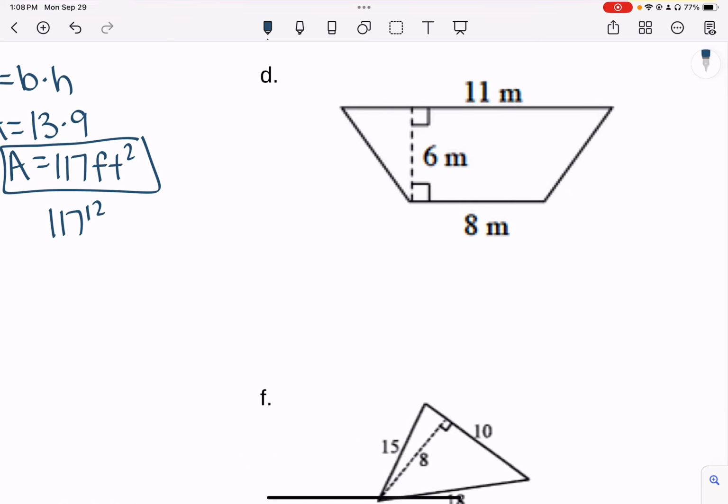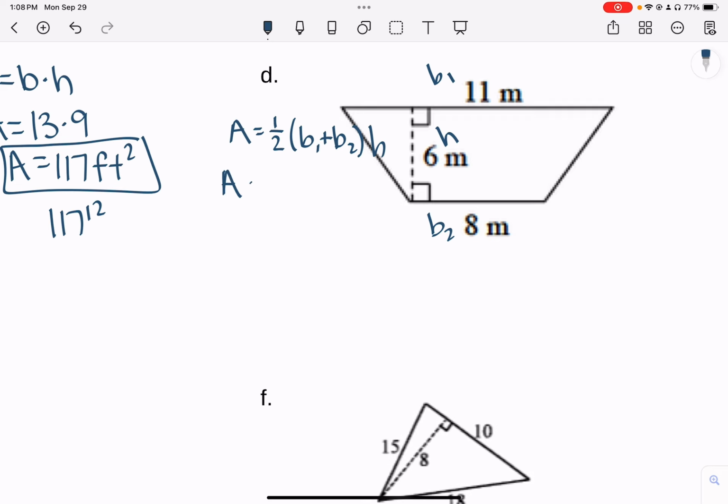Then D is a trapezoid, so the area formula is 1/2 base 1 plus base 2 times height. And remember that you can do base 1 plus base 2 times height divided by 2. That's the same thing. So I'm going to just label my 11 base 1 and my 8 base 2 and my height 6. Note that you can turn this upside down if that helps with the visuals here.